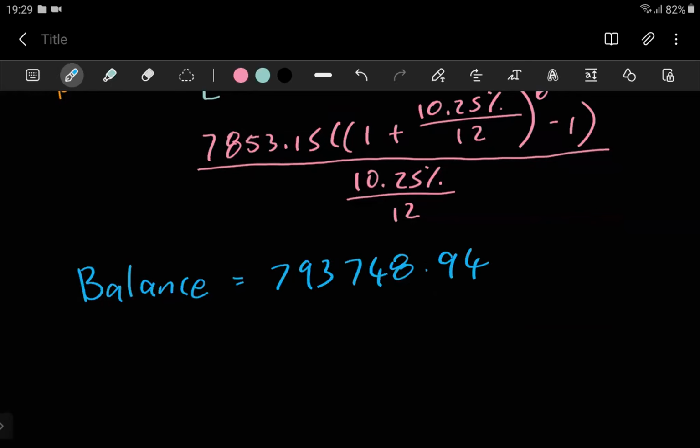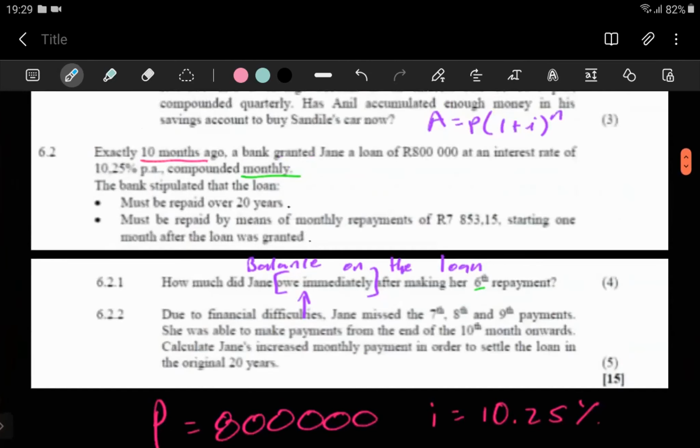So with that being said, let's see what's the next thing that we need to do. So after this question, they said due to financial difficulties, Jane missed 3 payments, the 7th, 8th, and 9th payments.